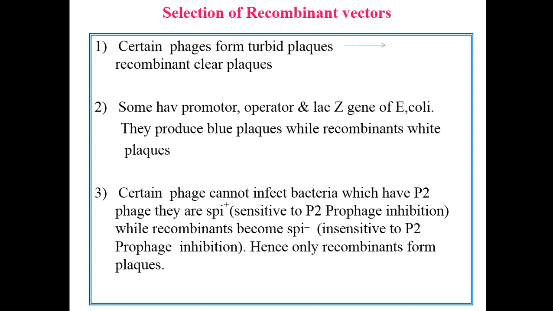Certain phages form turbid plaques. Recombinant phages form clear plaques. Some have promoter, operator and lacZ gene. They produce blue colored plaques, while recombinants produce white colored plaques.